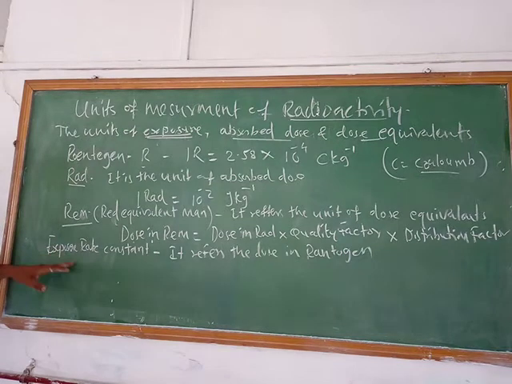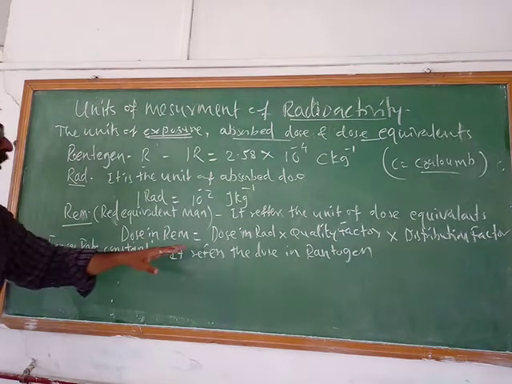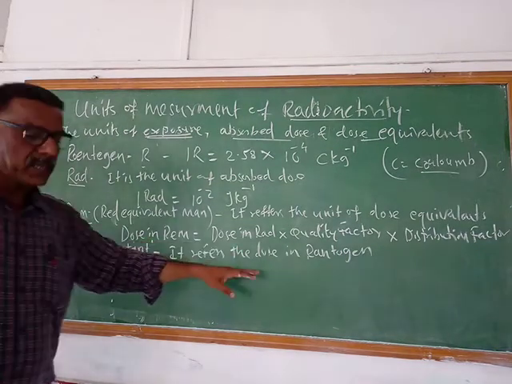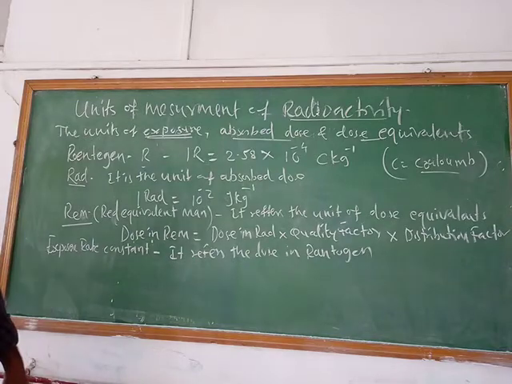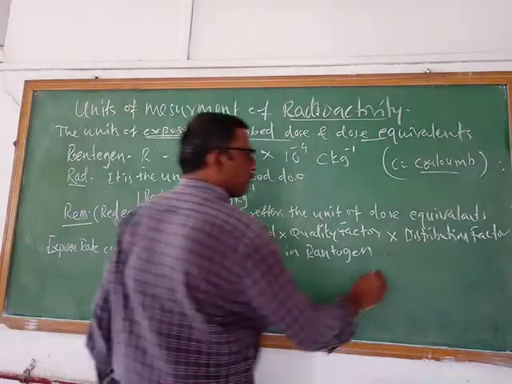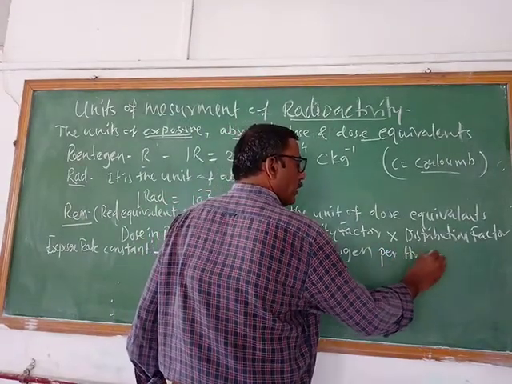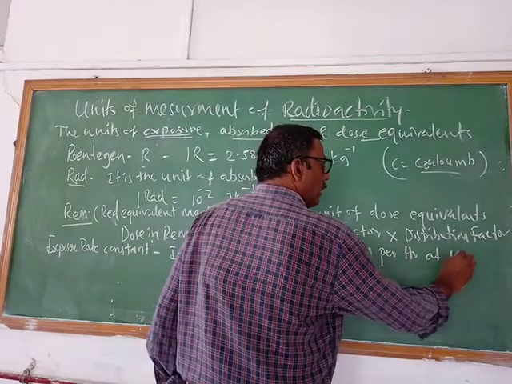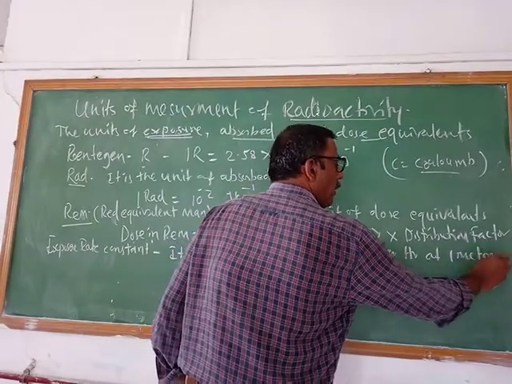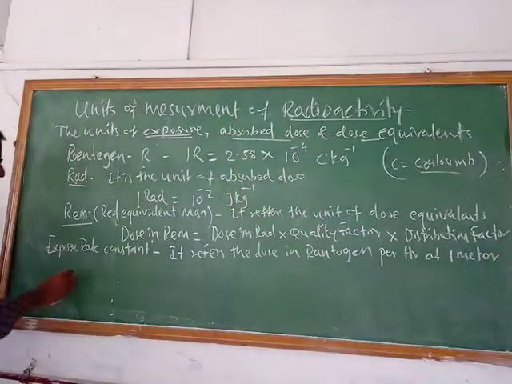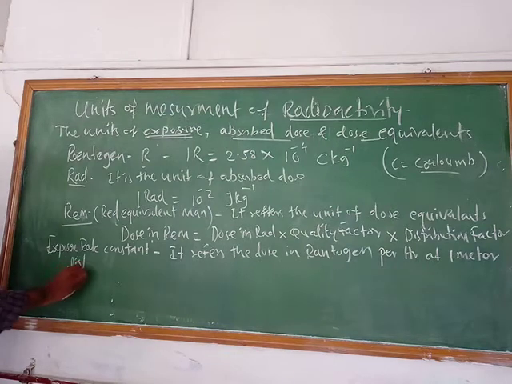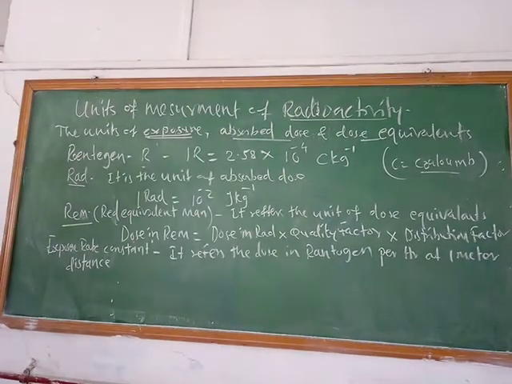So the exposure rate constant refers to the dose in Röntgen per hour at 1 meter distance from one curie.